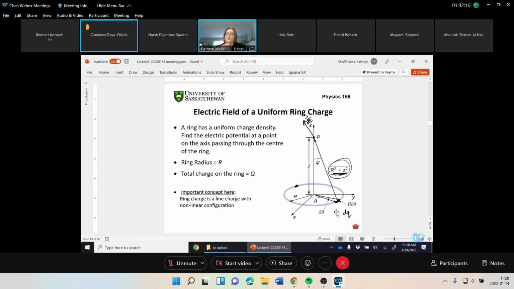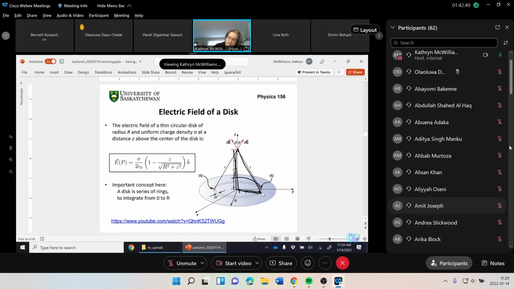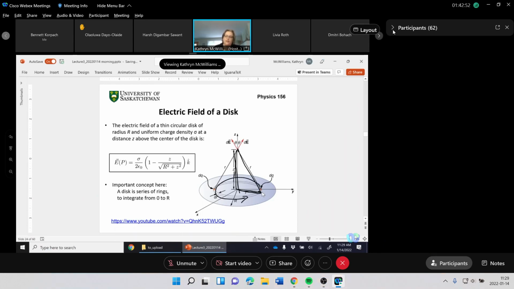Kind of. And then here we've got the ring, right? The ring radius capital R is fixed, but in the disk, we've got a little ring element here that now becomes a variable because we're going to integrate from the center out. So we're going to take these triangles we were talking about, the Z and the R, and we sweep this triangle out through 360 degrees, or 2 pi angle.